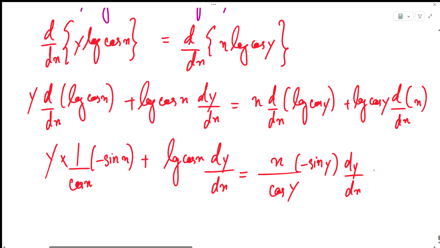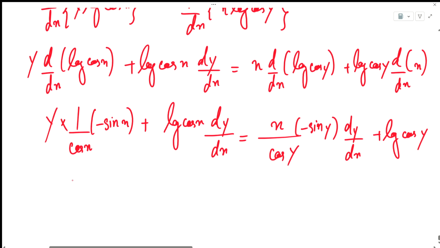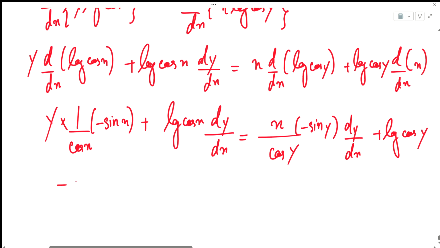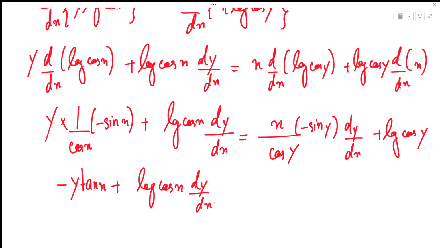Then this is simply plus log of cos y. So sin by cos is tan, so minus y into tan x plus log of cos x into dy by dx. This is minus x tan y dy by dx plus log of cos y.